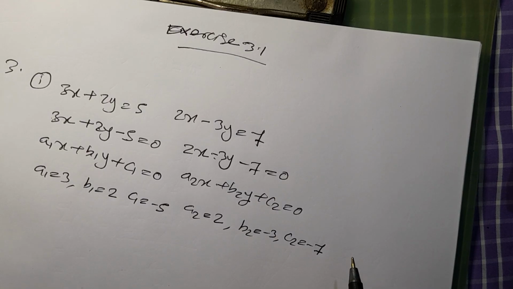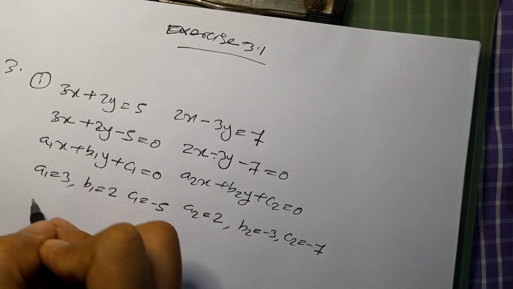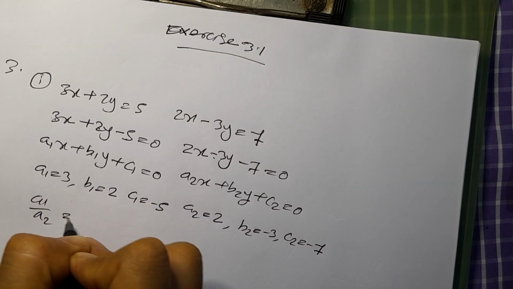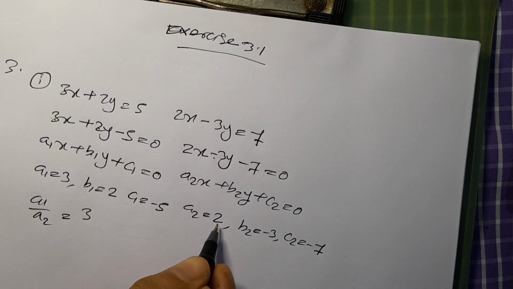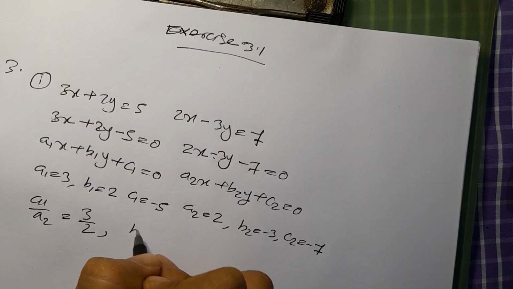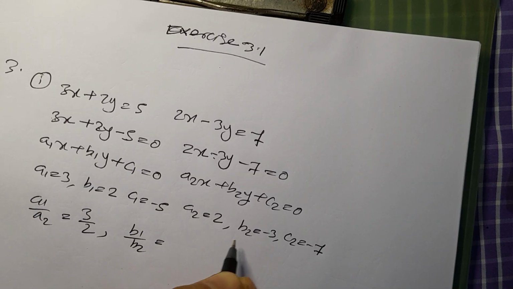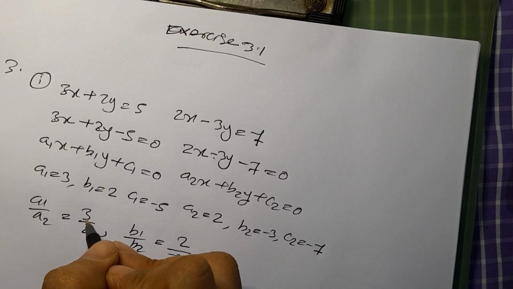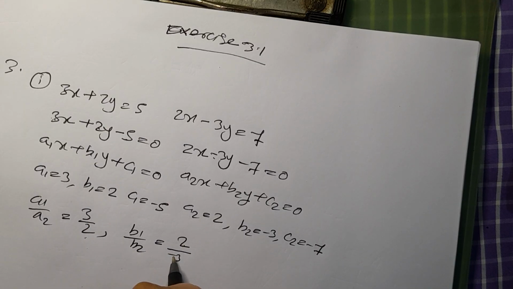Now we are going to check the ratios. a1 by a2 is equal to a1, which is 3, divided by a2, which is 2. We cannot cancel it, keep it here. Now check b1 by b2. The value of b1 is 2, and the value of b2 is minus 3. So one is 3 by 2, another is 2 divided by minus 3, and these are not equal.